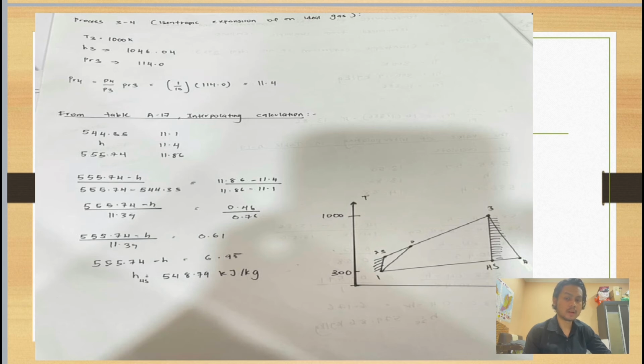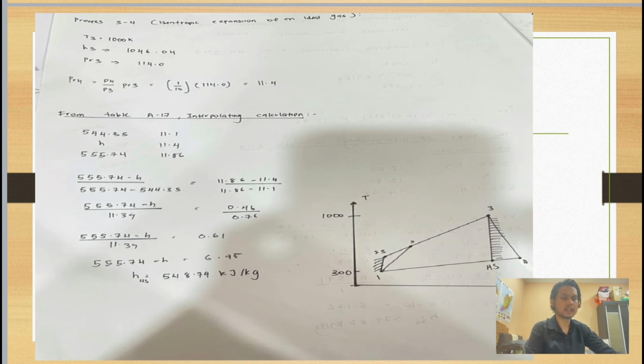We use a different formula, because previously we multiplied by the pressure ratio, but this time we divide, so we get 11.4. For the 11.4 we use the same method as previously to get H4, and we get 548.79.